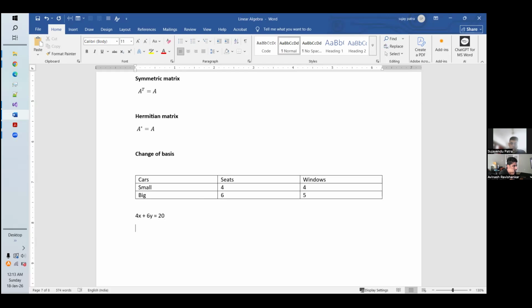Then I also need to know how many windows there will be, maybe to clean the windows. So the number of windows will be 4X plus 5Y. And different values of X and Y, you can put in here to find the corresponding number of windows and all that.